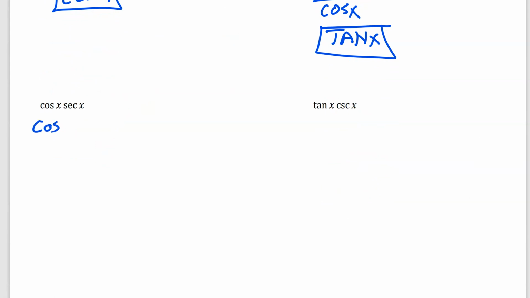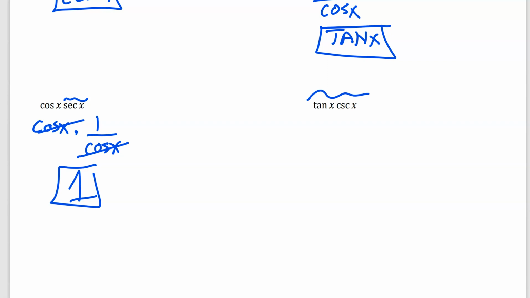Okay, so we have cosine of x. And then secant is 1 over cosine of x. Well, I think the cosines cancel. And we're left with an answer, 1. Not too bad. Okay, let's try this next one here.